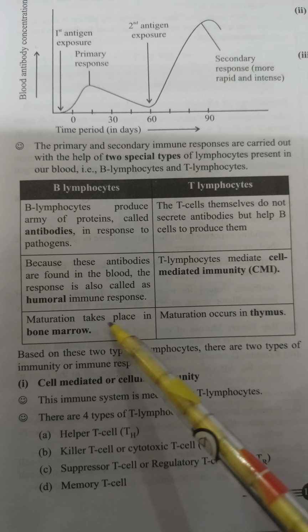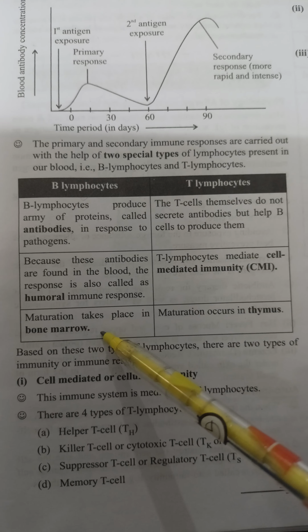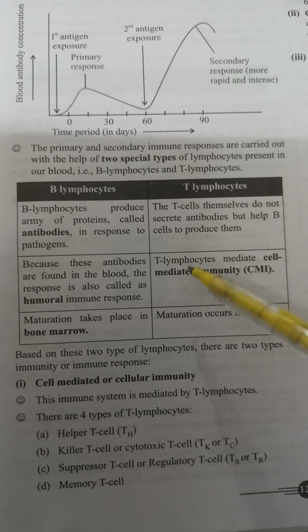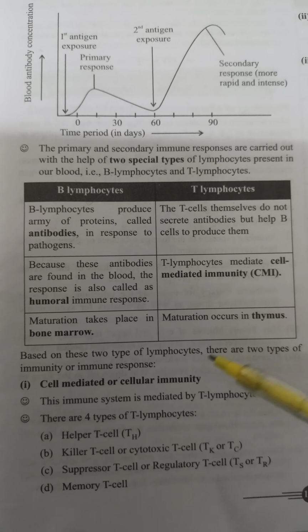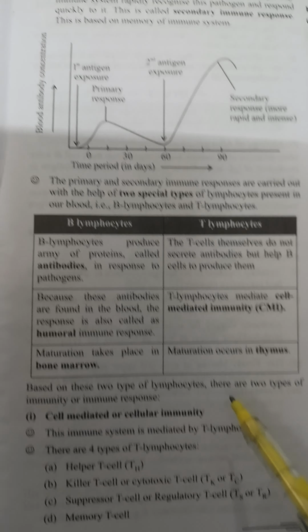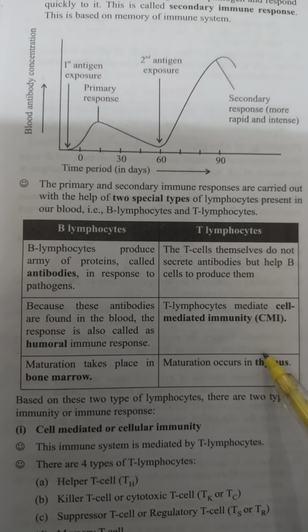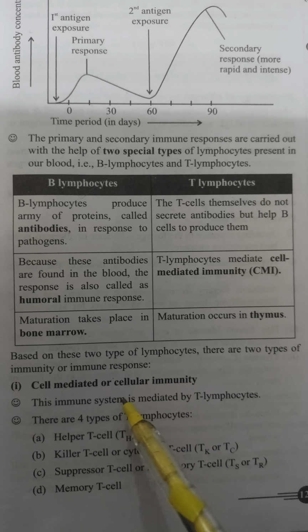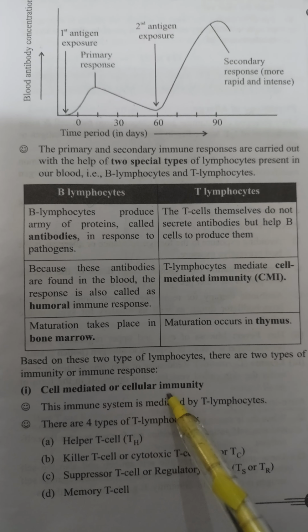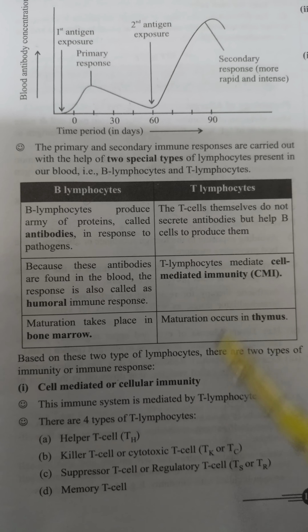Maturation of B lymphocytes takes place in the bone marrow, and maturation of T lymphocytes takes place in the thymus gland. So these two types of lymphocytes help in the immune responses; the first is cell mediated or cellular immunity, which is by T lymphocytes.